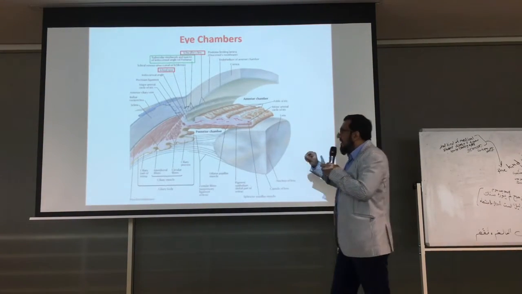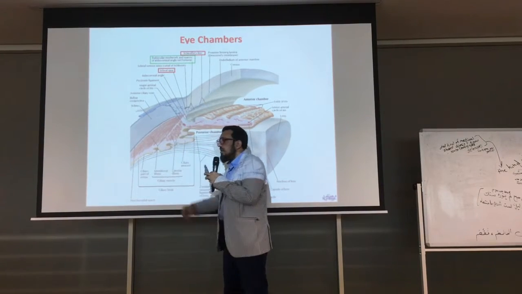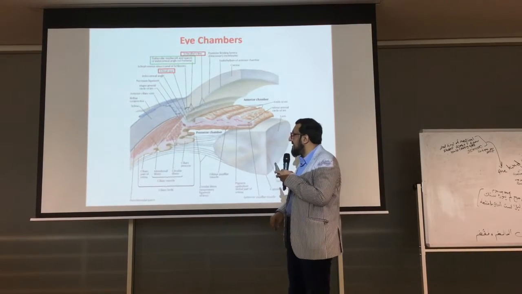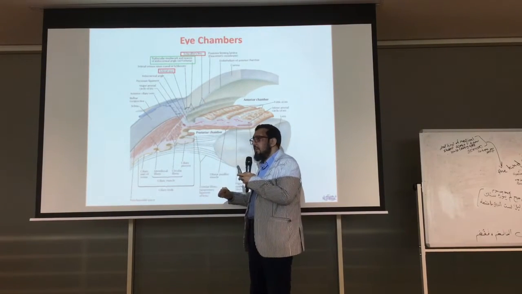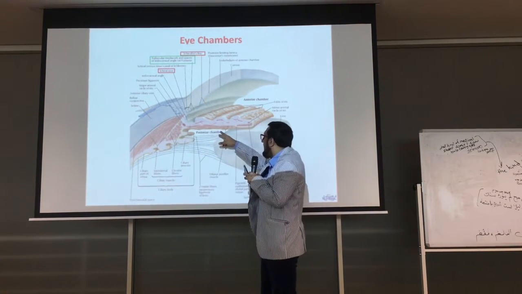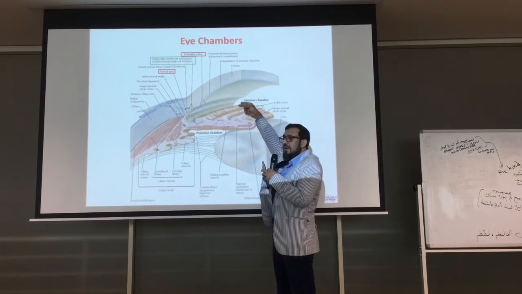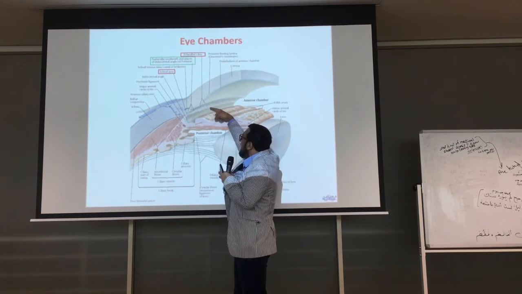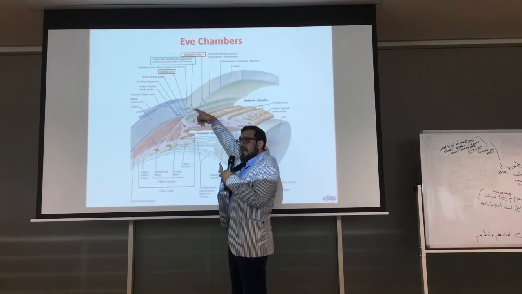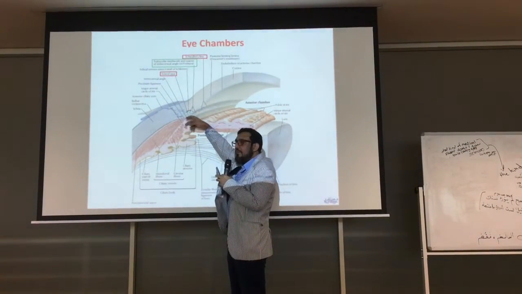Now, these projections are called the ciliary processes. They are lined by an epithelium which produces the aqueous humor. Aqueous humor goes to the posterior chamber, then passes through the pupil, then goes into the anterior chamber. In the anterior chamber, it will either go to the trabecular meshwork, the 85%, or go to the ciliary body and be absorbed there.